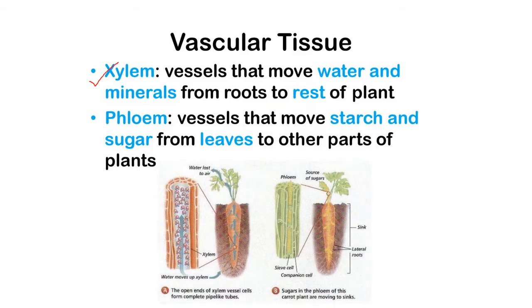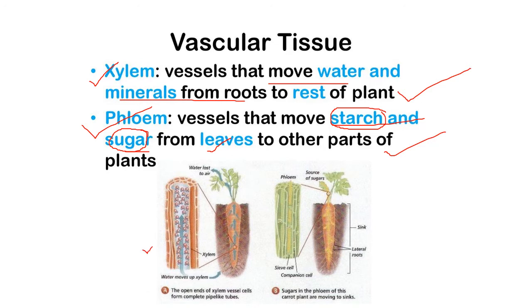So the xylem vessels move the water and minerals from the roots to the rest of the plant. It is the xylem. What is phloem? The vessels that move the starch and sugar. Why are we saying starch and sugar? Because during the photosynthesis process, the formation of starch is there and the formation of sugar is there. From the leaves, because the photosynthesis process occurs mostly in the leaves, it is transported to various parts of the body.